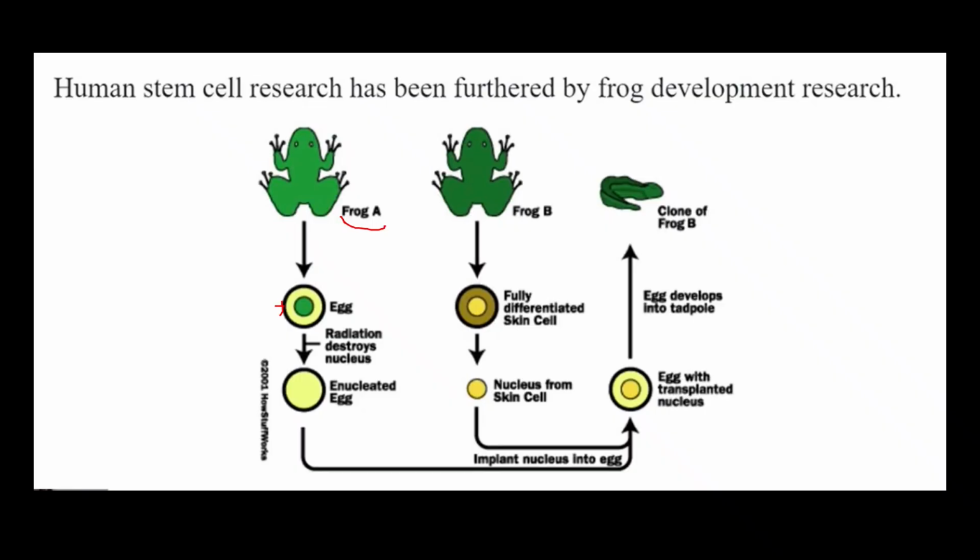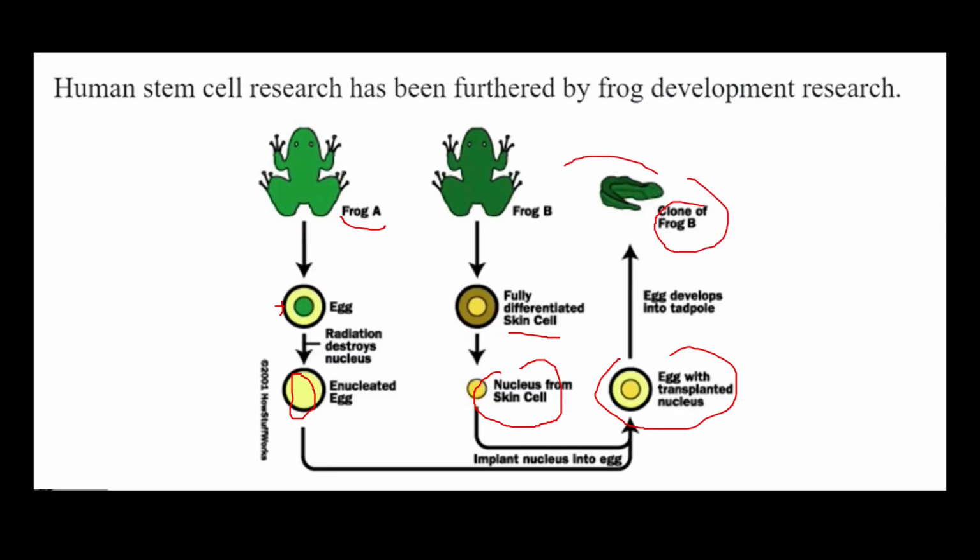You can take another cell, a mature one from the skin, keep just the nucleus, and fuse them together to produce a clone of frog B.